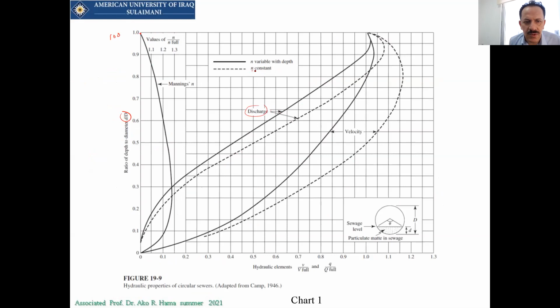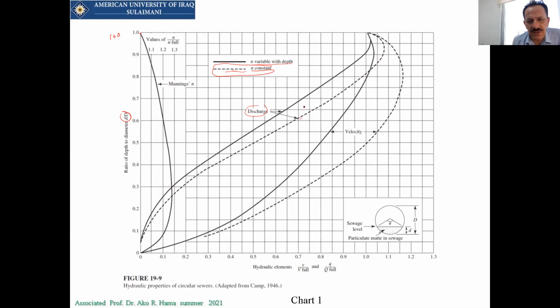This is for n constant, but n can be variable. Sometimes the surface at the bottom will not be like what we have at the top, there will be a different surface lining from inside. But we should use this one, so we have to go with this curve.